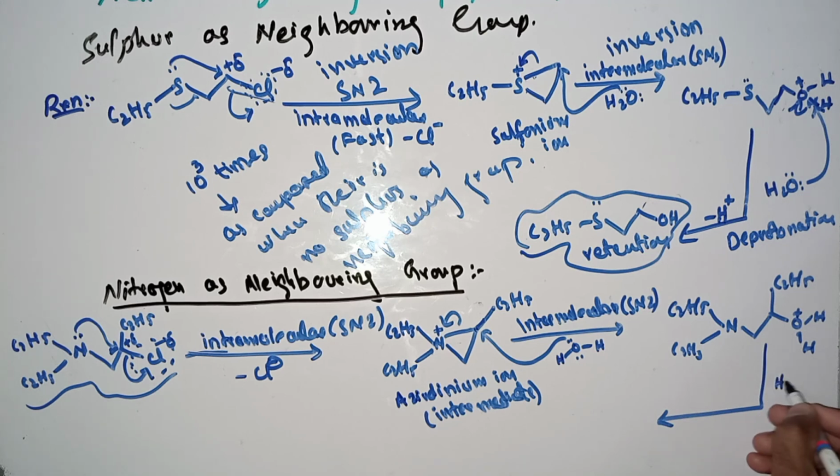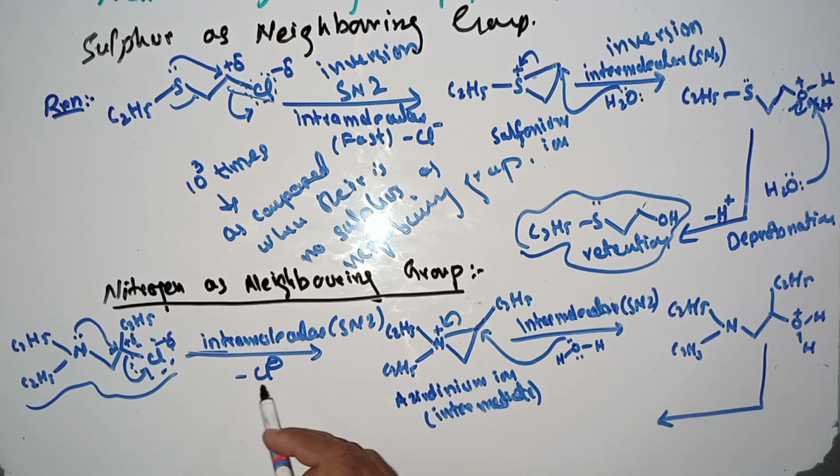After that, once again the solvent attack occurs. Here, the chlorine that was removed from the system is negative.